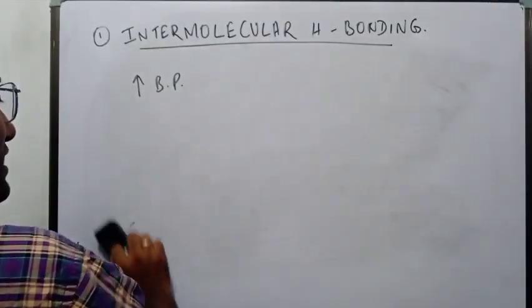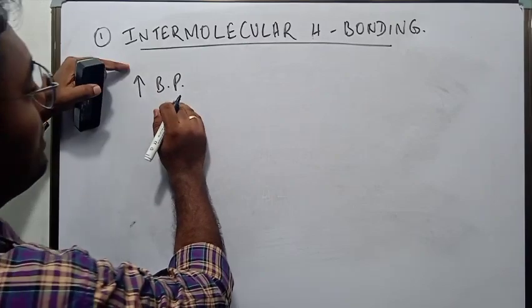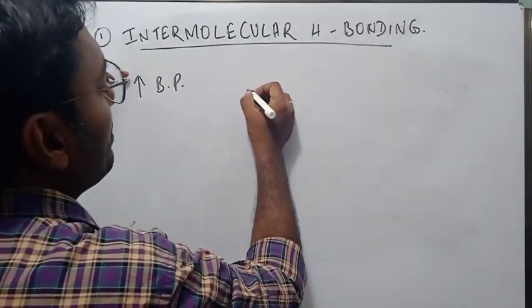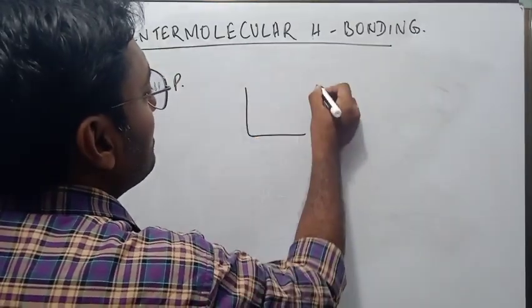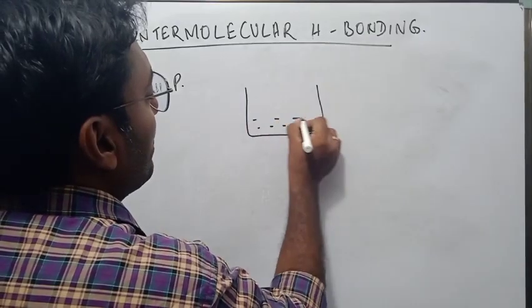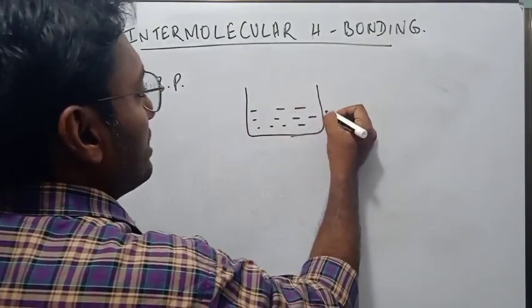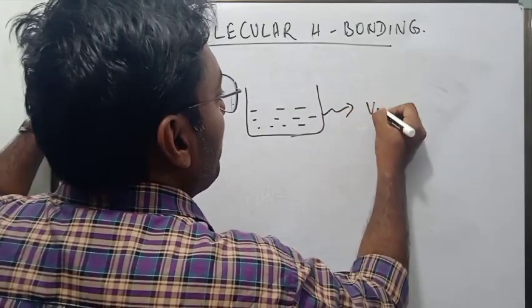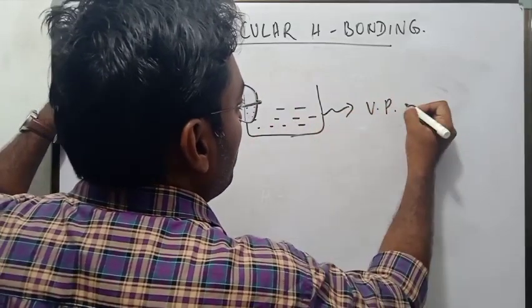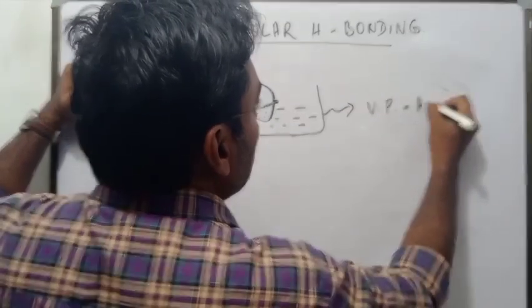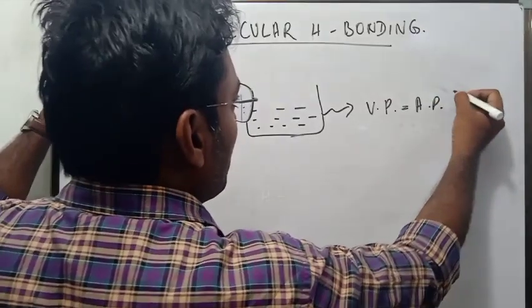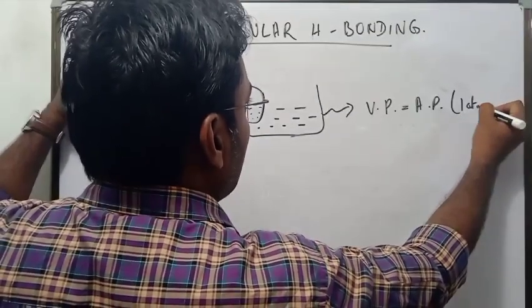For that, we first need to see what boiling point is. Boiling point is the temperature at which the vapor pressure of the solvent is equal to atmospheric pressure, 1 atmosphere, right?